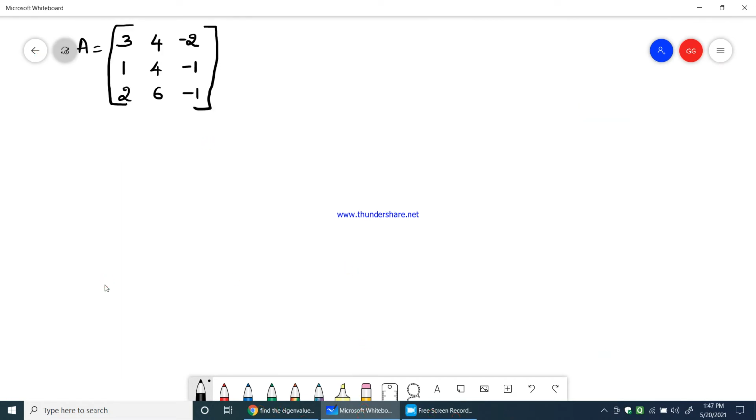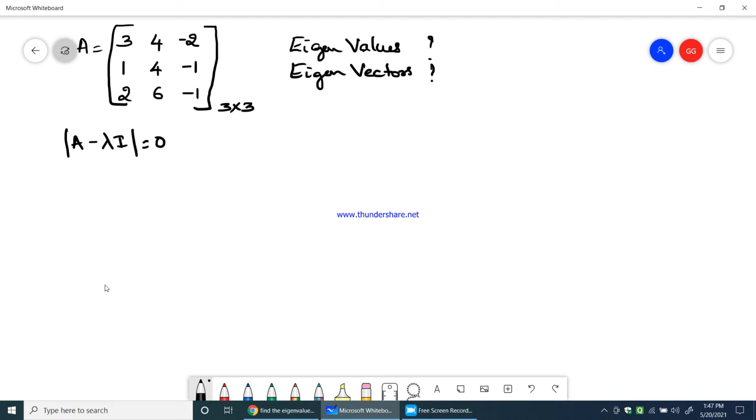Okay, let us find the eigenvalues and eigenvectors for this matrix, which is a 3 cross 3 matrix. As usual, to find the eigenvalues, we take the determinant of A minus lambda I equal to 0.